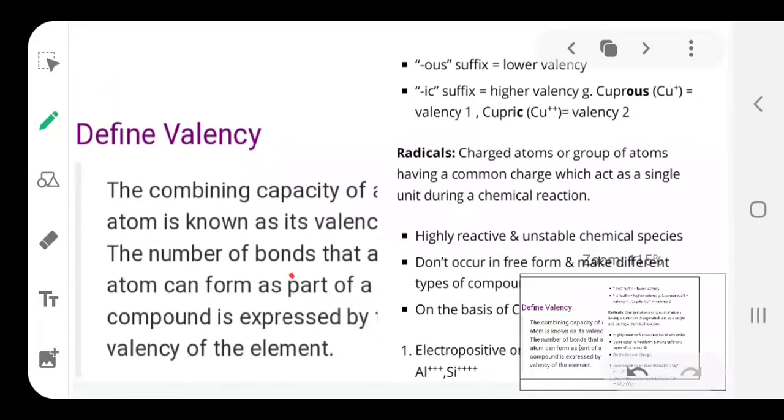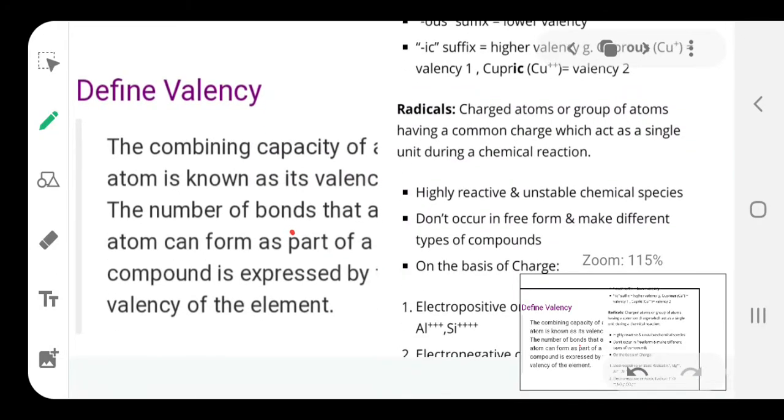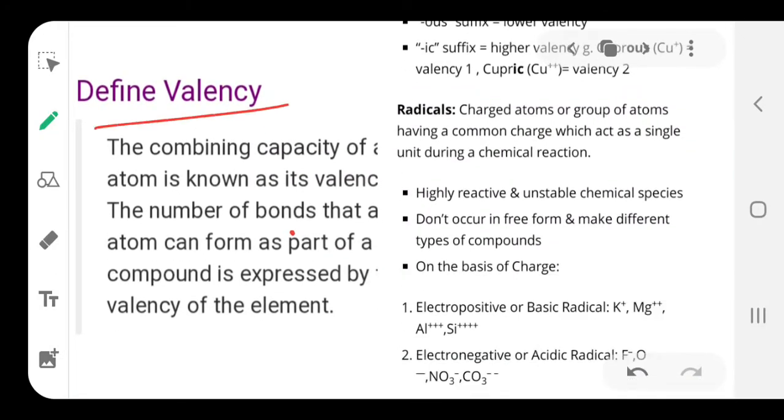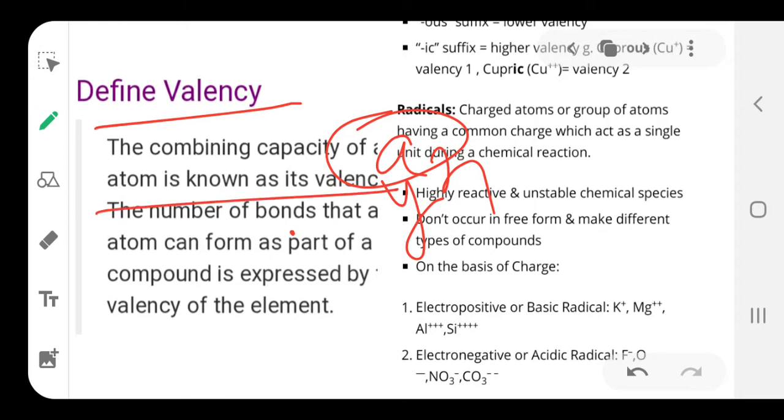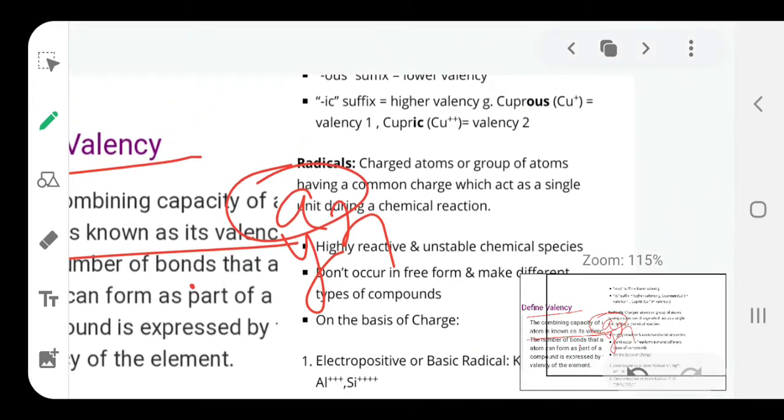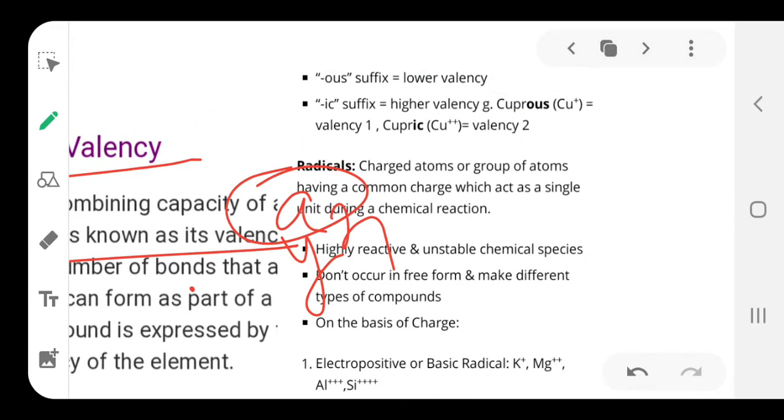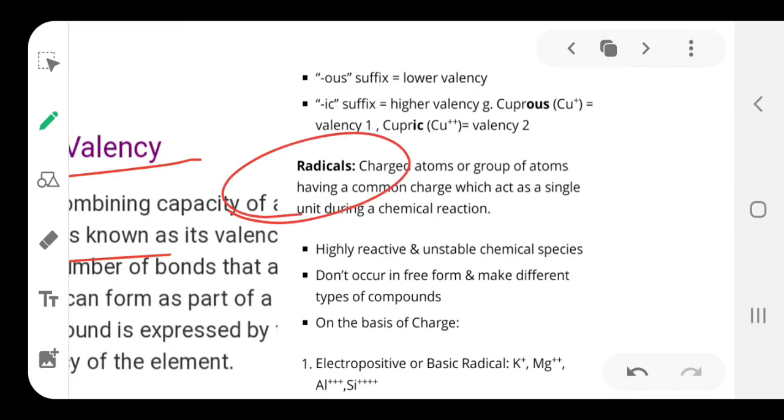Now check out these terms which are very important for all of you. What is valency? It is the combining capacity of an atom. Make sure you only have to read till this class that it is a combining capacity of an atom. And you will find that when we share some names, we are using the word called radicals.